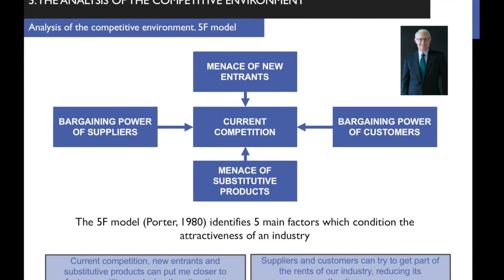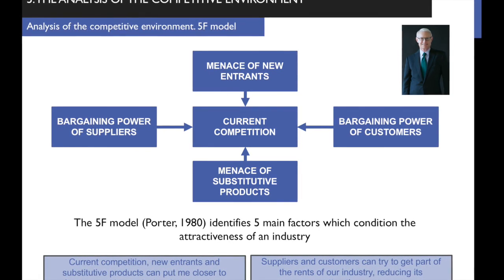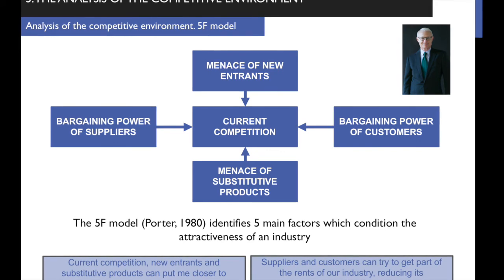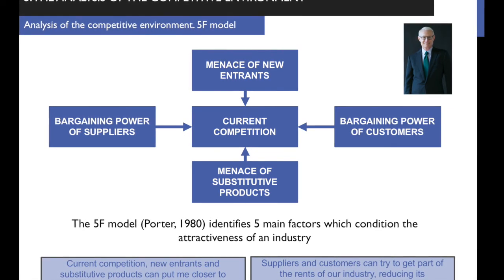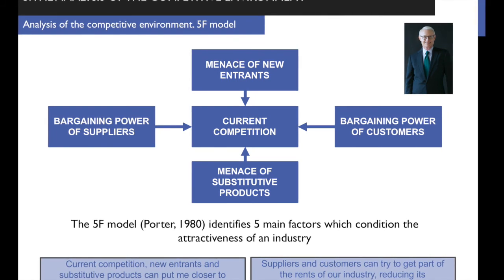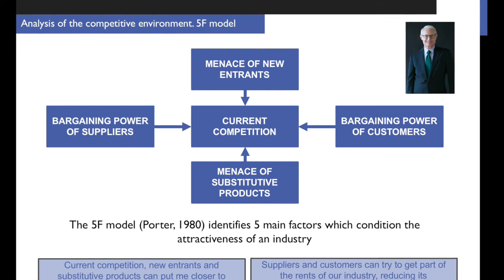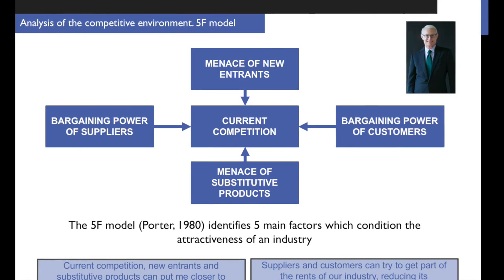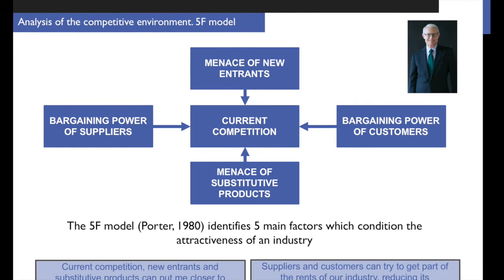So these 3 somehow act in the same way. If we have many competitors, or we could have many competitors, these put us closer to perfect competition, or closer to monopoly or oligopoly. On the other hand, we have 2 agents, which are suppliers or customers. Imagine that we, as an industry, are able to generate important rents.